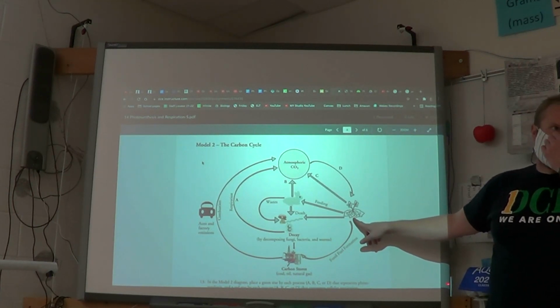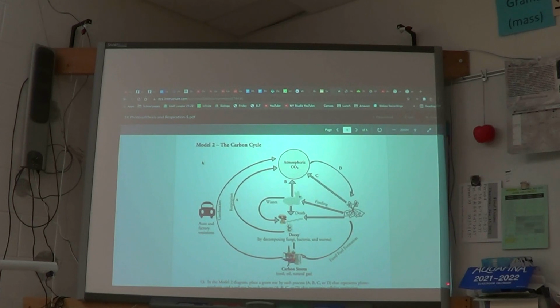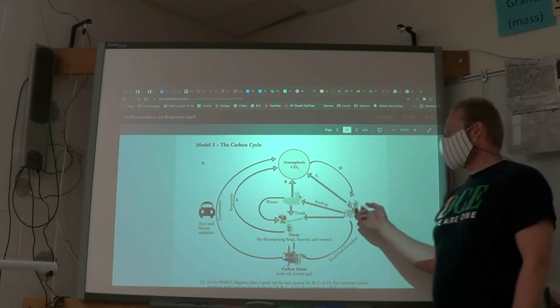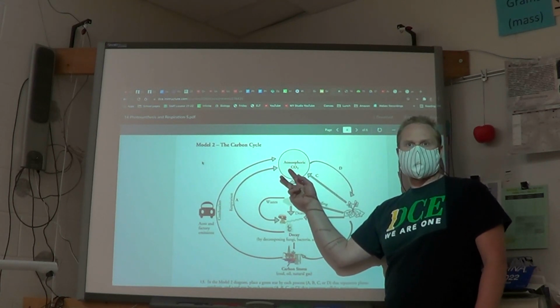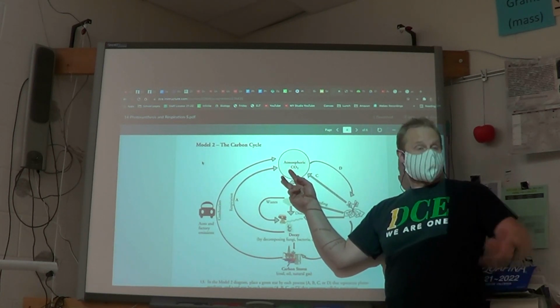Photosynthesis, right? Plants take carbon dioxide out of the atmosphere and store it as glucose. What chemical process do plants go through that takes that glucose and converts it back into carbon dioxide in the atmosphere? Cellular respiration.